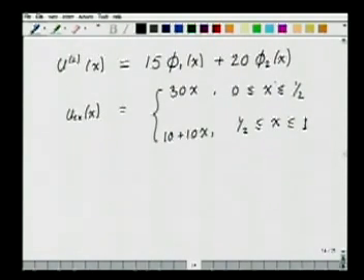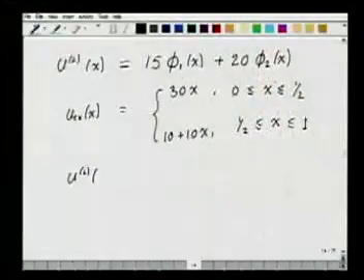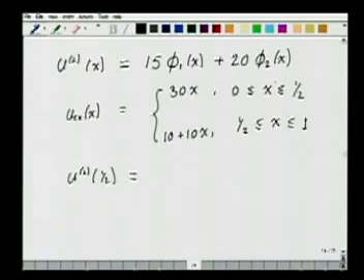So now if I go to the point x equal to half, u exact is equal to 15. At the point x equal to half, what is u2 equal to? You will see that phi 1 is equal to 1, phi 2 is equal to 0. So u2 is equal to 15, which is equal to u exact at the point half.